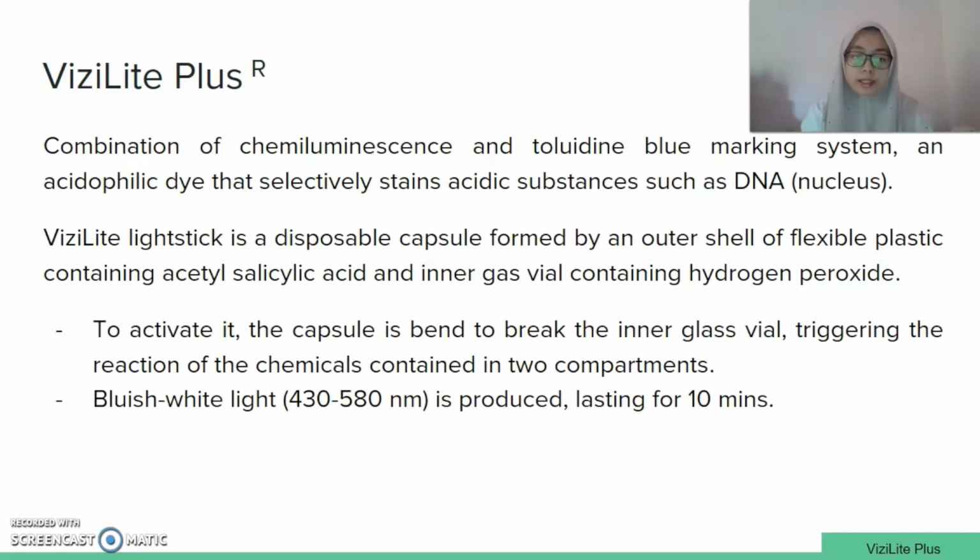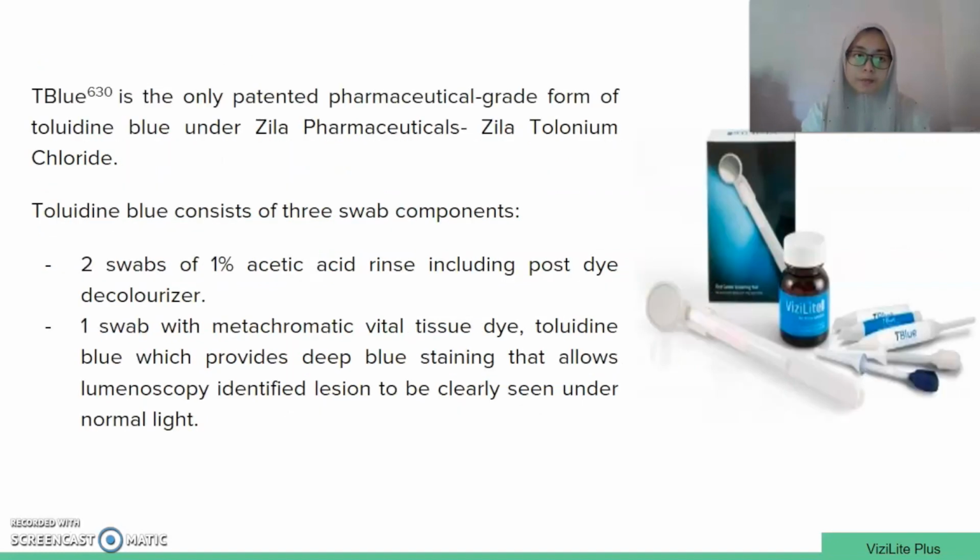To activate the light stick, the capsule is bent to break the inner glass vial, triggering the reaction of the chemicals contained in two compartments. It will produce blue-white light of 430 to 580 nanometers of wavelength which lasts for 10 minutes.